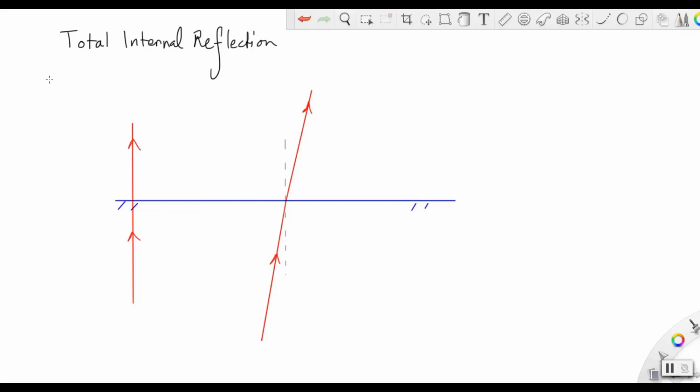Again, we have that the index of refraction for water is 1.33, the index of refraction for air is 1.00, and we came in at an angle of 10 degrees, so we're going to measure this as 10 degrees, 20 degrees, 30 degrees, 40 degrees, and then 50 degrees, and see what happens. Okay. So that's our 10 degrees. As a matter of fact, let me go back and label these according to color. So I'm going to try with an orange ray.